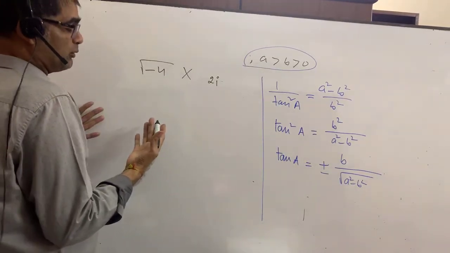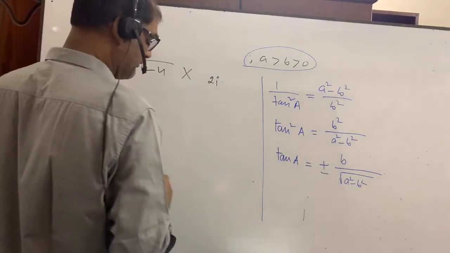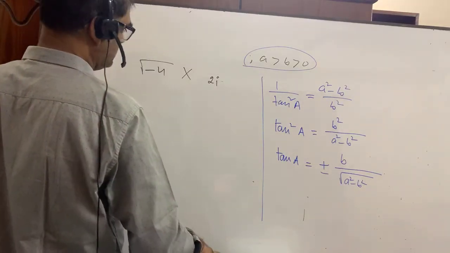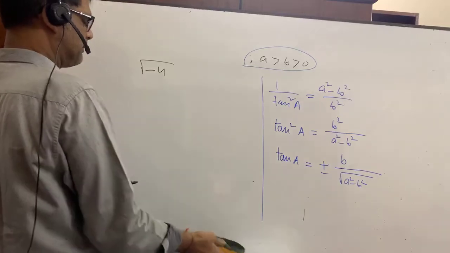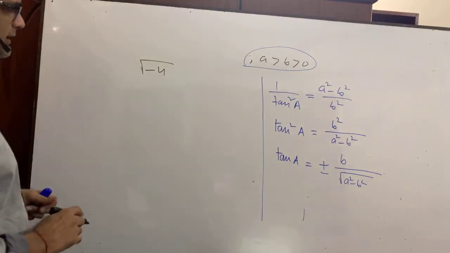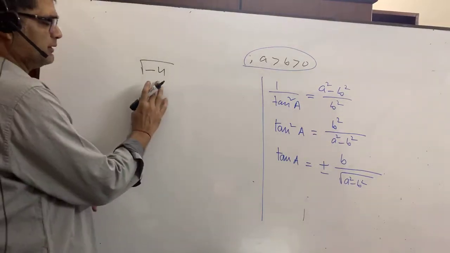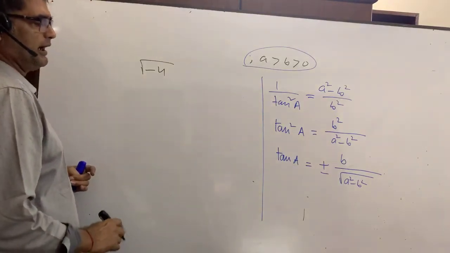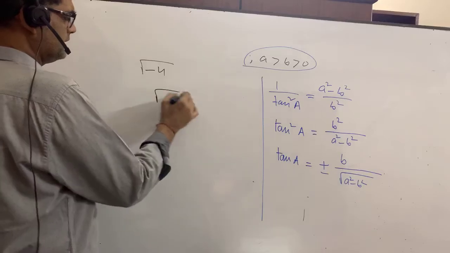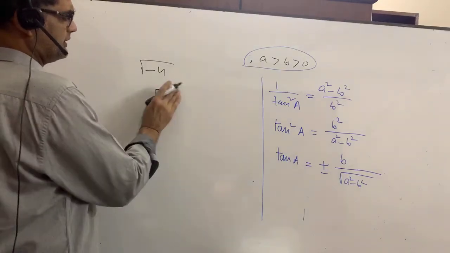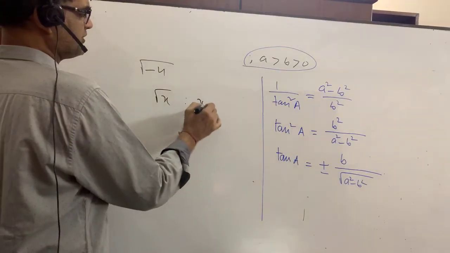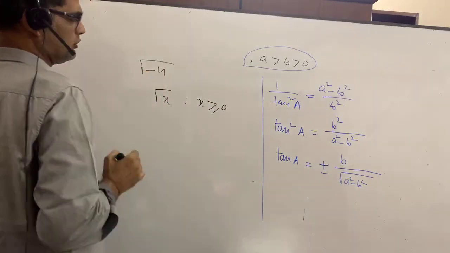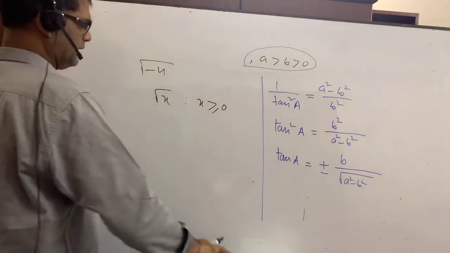If we use the calculator, you cannot find the value of root over minus 4. What is meant by this? It is that no negative sign can be given in a square root. That means x is always greater than or equal to 0. You understand?